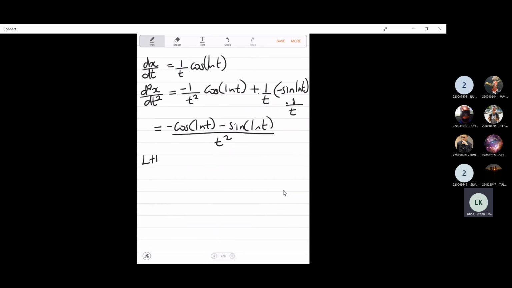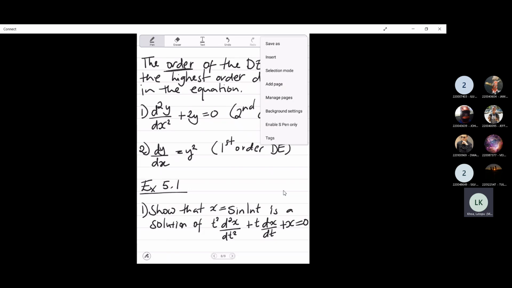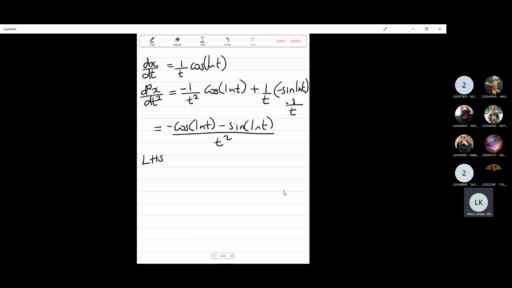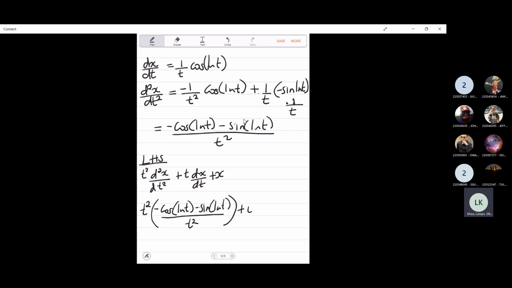So on the left-hand side, I have t squared, then I multiply this by the second derivative, minus cos ln of t minus sine of ln of t, divided by t squared, and then plus t multiplied by the first derivative, which is 1 over t cos ln of t, and then we add x.